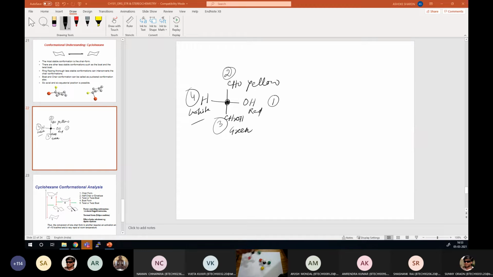That is the reason: these two are a non-superimposable mirror image. So I hope that you are able to understand what the mirror image relation is and why we call it enantiomer, because it's non-superimposable.